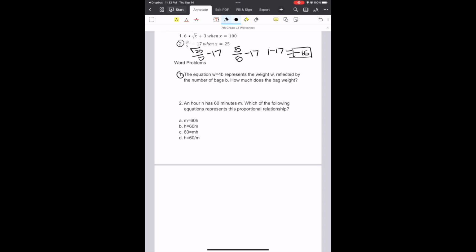Well, the equation shows that W is equal to 4B, which means the total weight is equal to 4, the weight of the bag, times B, the amount of bags. So if 4 is the weight of one bag, then the bag weighs 4 pounds. Even though it doesn't explicitly say it's in pounds, we could just assume it's in pounds. So the answer is 4 pounds.